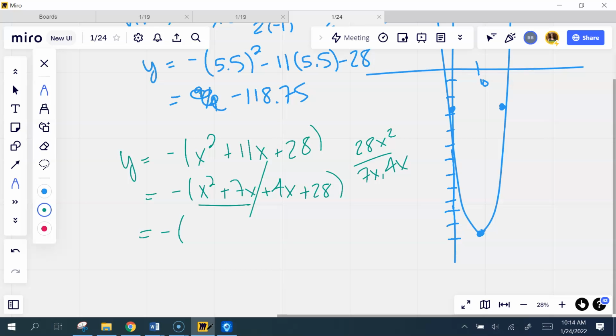GCF here. X. What's left? X and 7. X plus 7. Middle sign's plus. What's the GCF here? 4. What's left? Hopefully the same thing, right? Hopefully my parentheses match because that's what I want them to do.